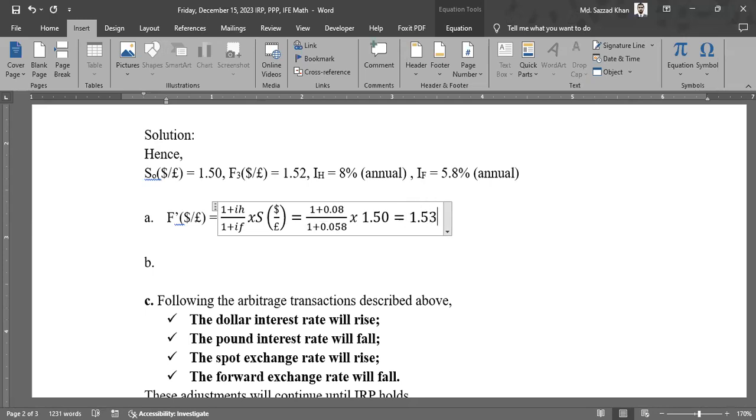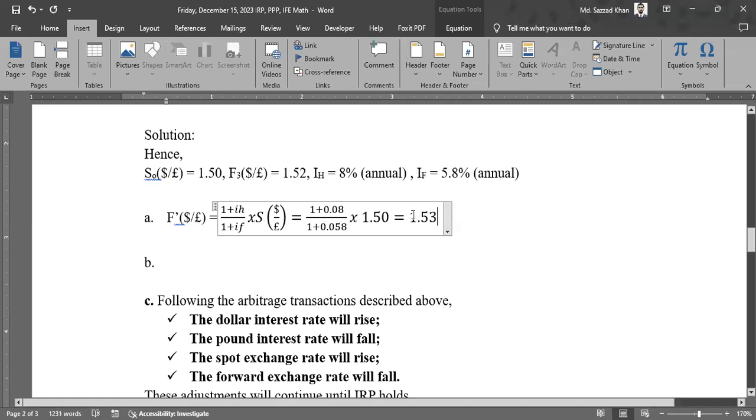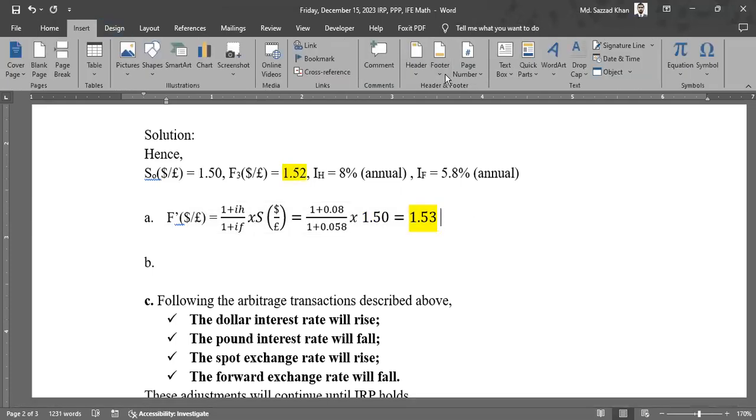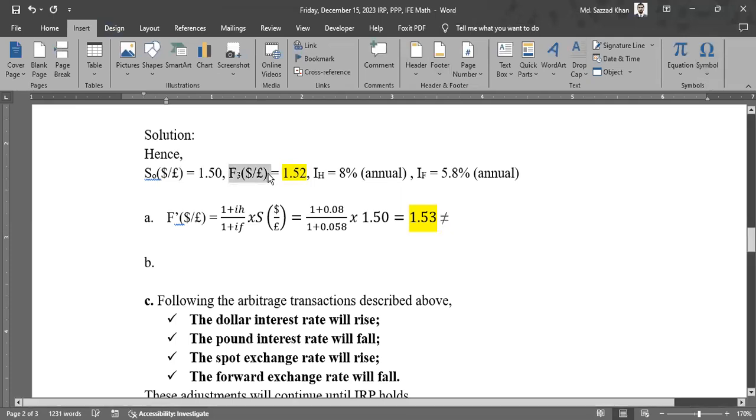$1.53. So this is 1.53. And the forward rate that is available in the market is 1.52. So it's simply not equal to this.